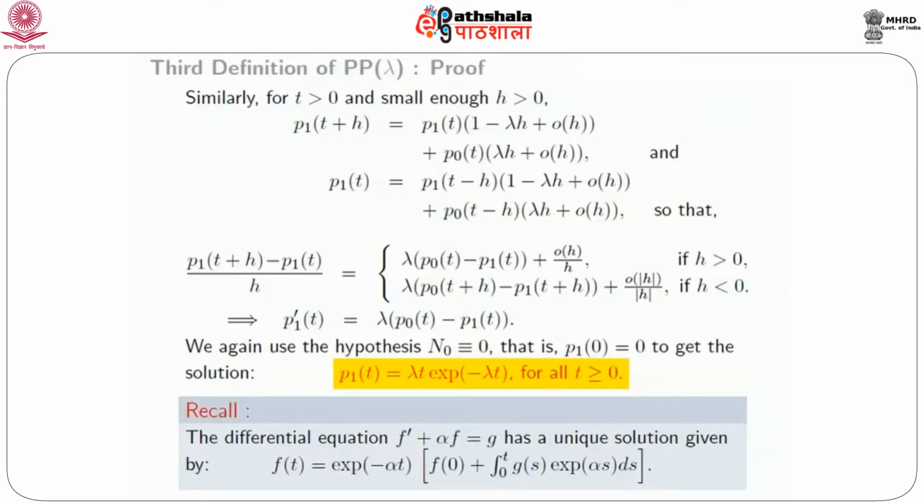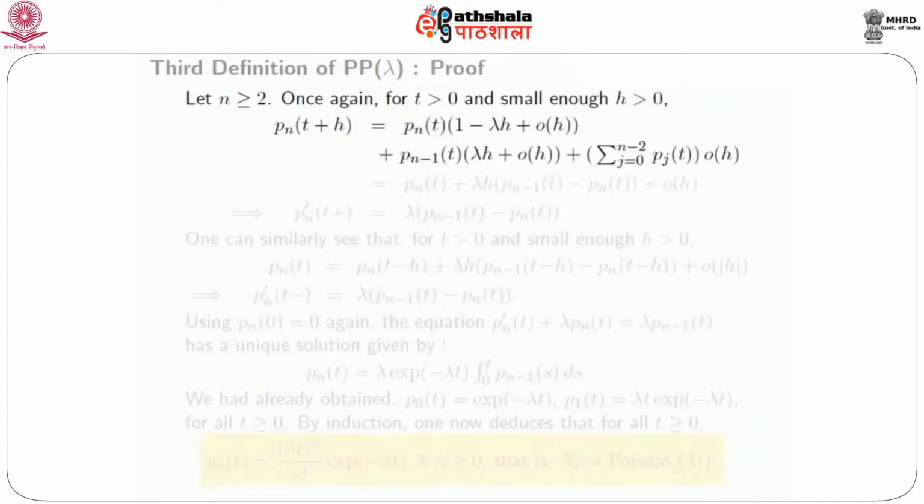Okay, so now let n be greater than or equal to 2. I want to do the same thing for n greater than or equal to 2. So once again, for t positive and small enough h positive, I'll write down an expression for Pn(t+h), which is equal to this, and that implies that the right hand side derivative of Pn at t turns out to be lambda times (Pn-1(t) minus Pn(t)).